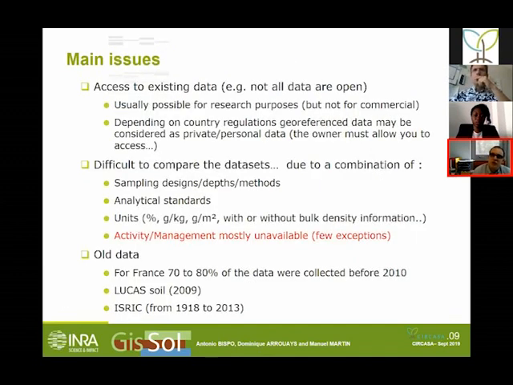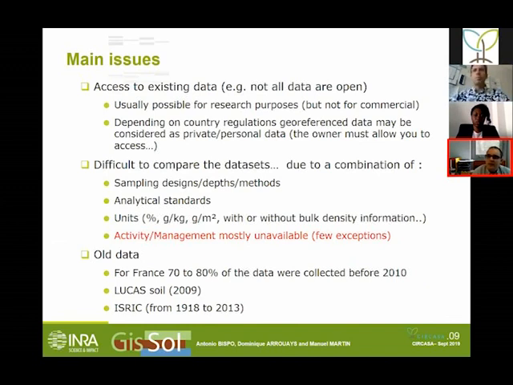So the main issue when you want to use all the data in the different databases, first of all, is access to that data. Usually it's possible for research purposes, so we have no problem accessing the data to do research. But it's very difficult otherwise because not all the data are open.